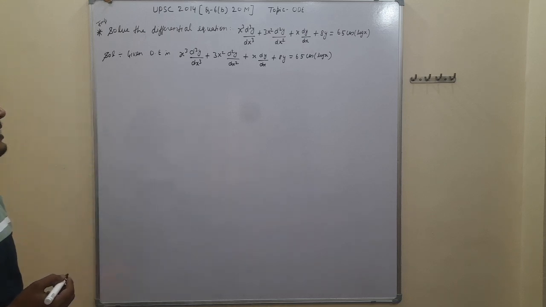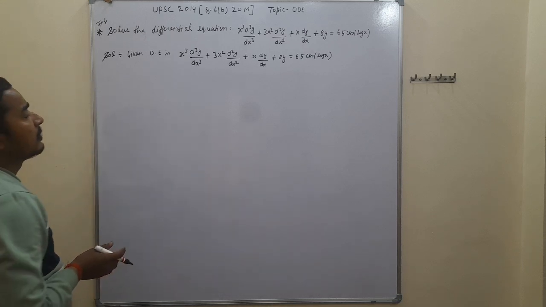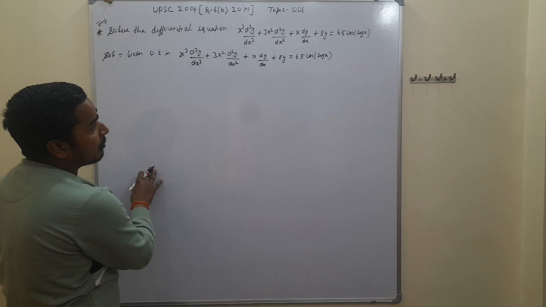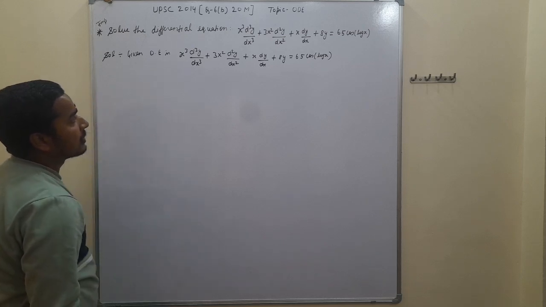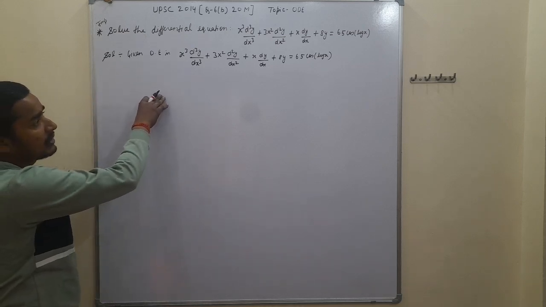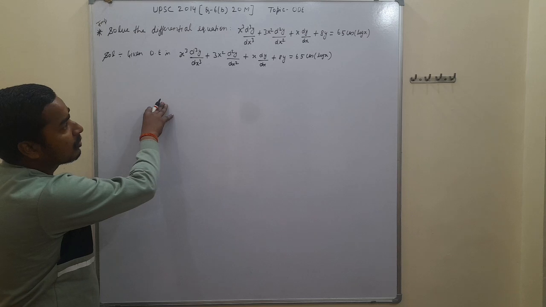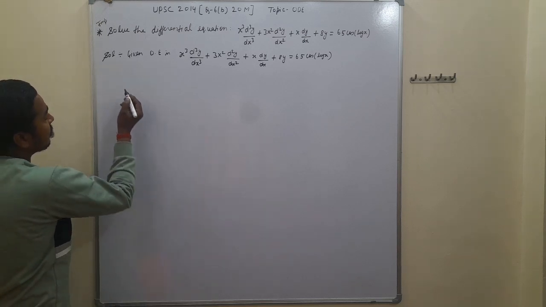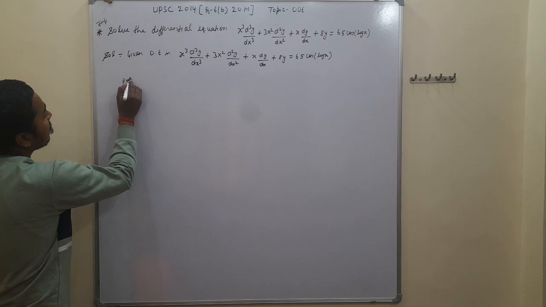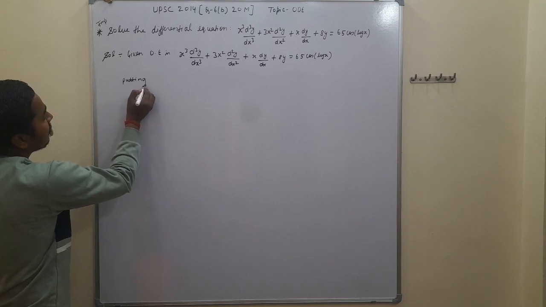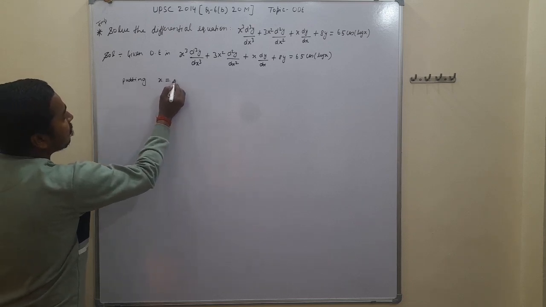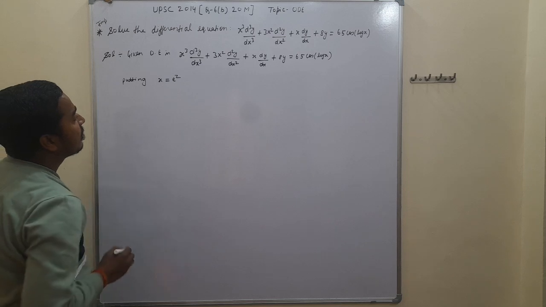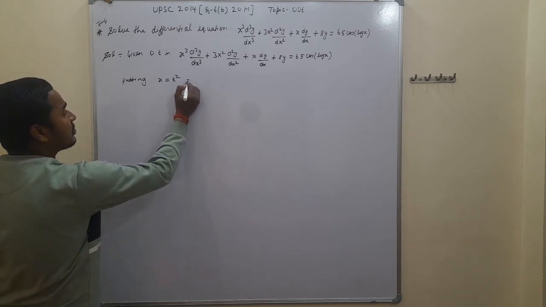How to approach this type of question? This is the Cauchy homogeneous linear differential equation. So we put x is equal to e to the power of z and take log on both sides.